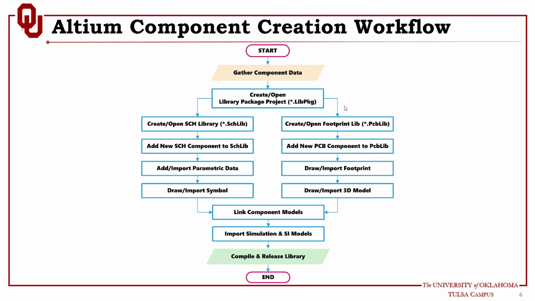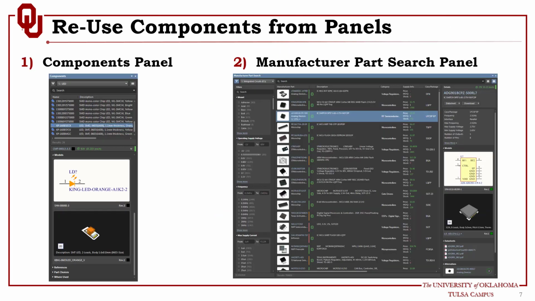So let's take a look at how we can find components from different vendors. Now, the Altium Designer Components panel, this one, provides a powerful interface with which to interact with your components, and this is for file-based libraries only that are installed on your machine.